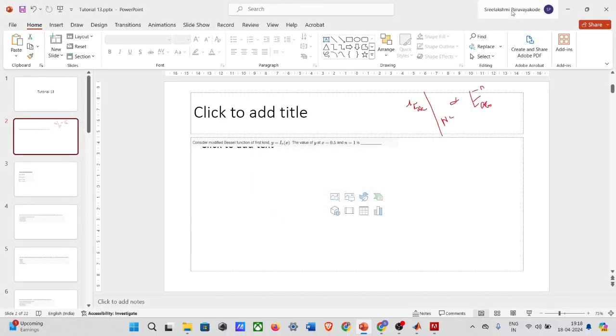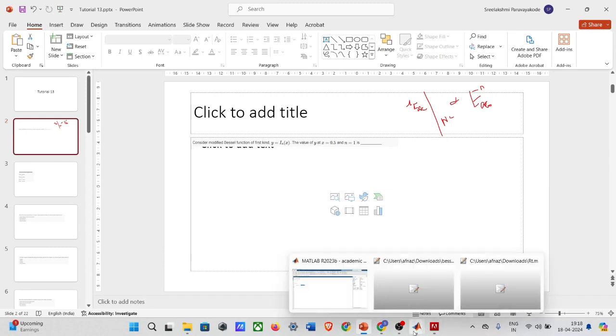Yeah, so we'll quickly finish this and then move to the next part also. So how to solve? The first one is the Bessel function. Consider the modified Bessel function of the first kind, y equal to I n of x. The value of y at x equal to 0.5 and n equal to 1 is, okay. So again, I've used the MATLAB code for that.